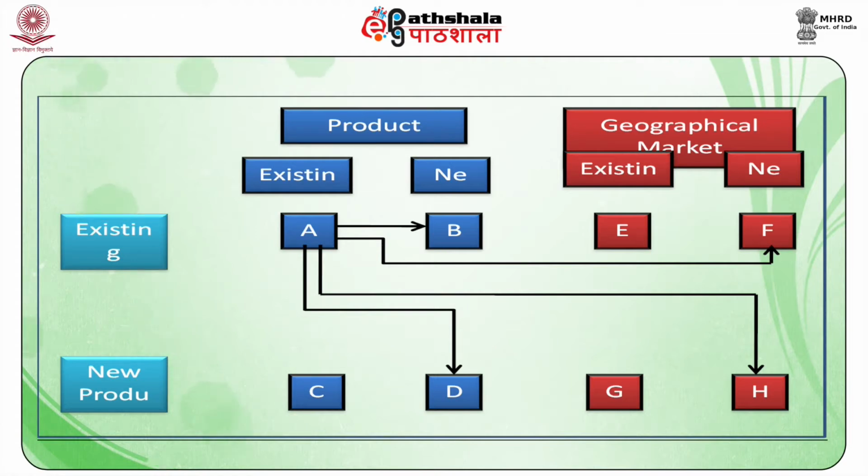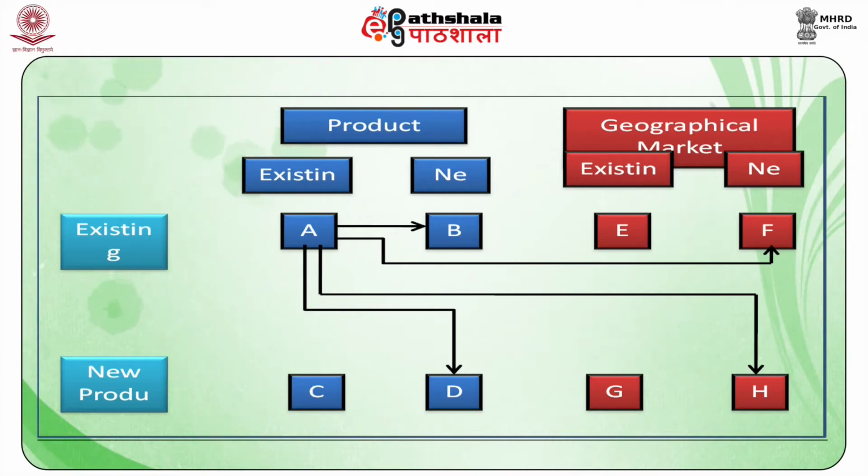The direction of the diversification can be more than one. As shown in figure 1, there can be 4 possible directions of diversification. Firms can move from box A to box D, H, B and F.